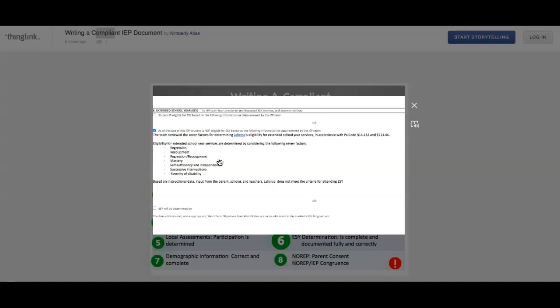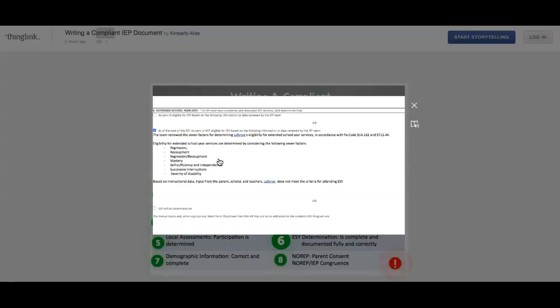It should be copied verbatim, with changes only where a student is actually qualified for ESY, determined to need ESY services; there you can make the changes in the wording. In the language, we need to address the state statute and the 7 determining factors. That needs to be in the language we put into the IEP.